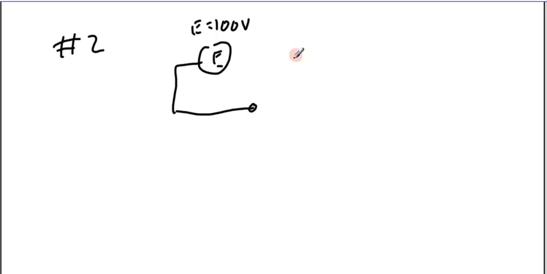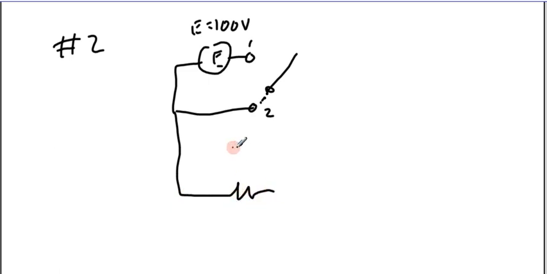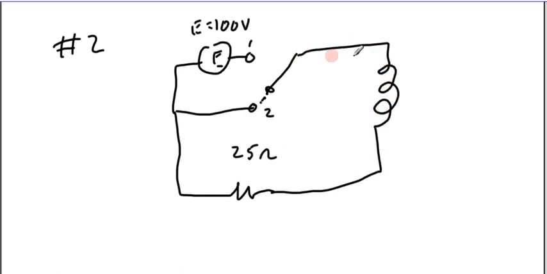Okay, gotcha. Alright, so number 2, we've got some source and it is 100 volts, so basically it's a DC source, and you have a switch that's in position 2, comes all the way down, and there's position 1, got a resistor, 25 ohms, and we have an inductor, 5 Henry.